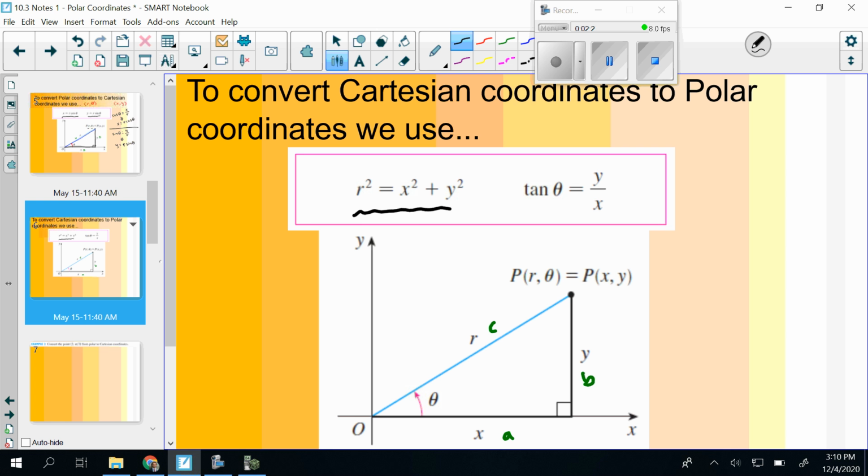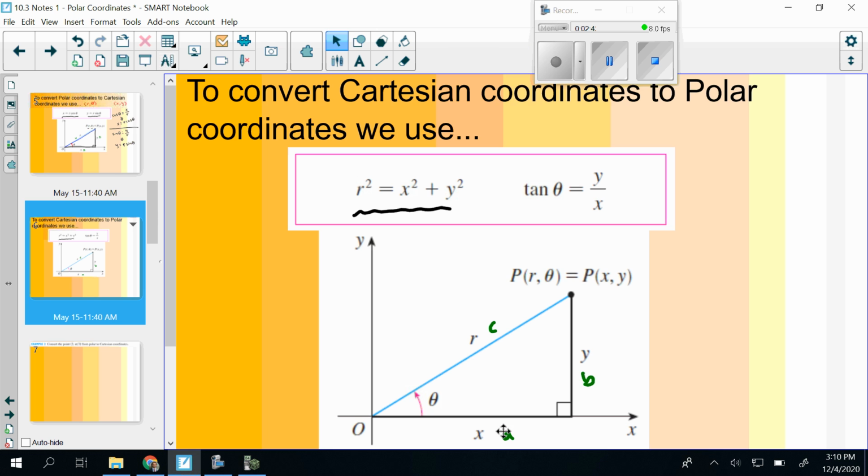So we're going to use Pythagorean to figure out our r, and to figure out our angle theta, we're going to use tangent, because tangent's the opposite side over the adjacent side. If we set up tangent, now we can find that angle based on x and y. So that uses a little trigonometry there to find that out.